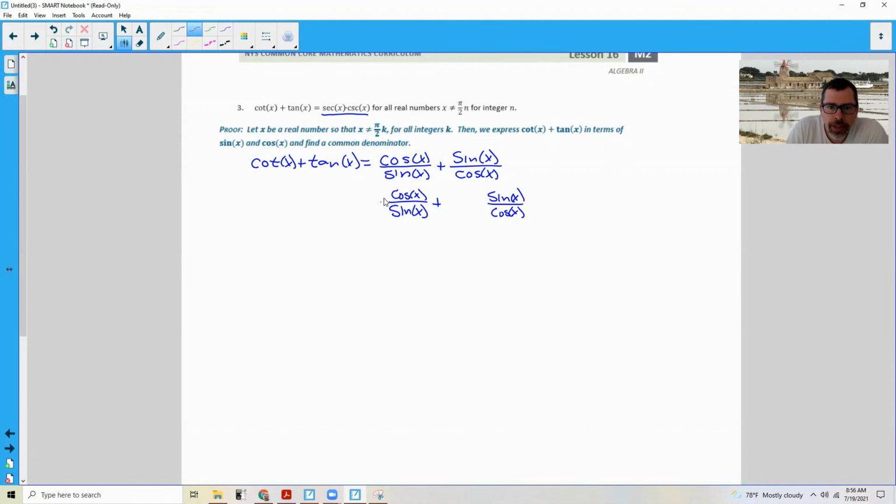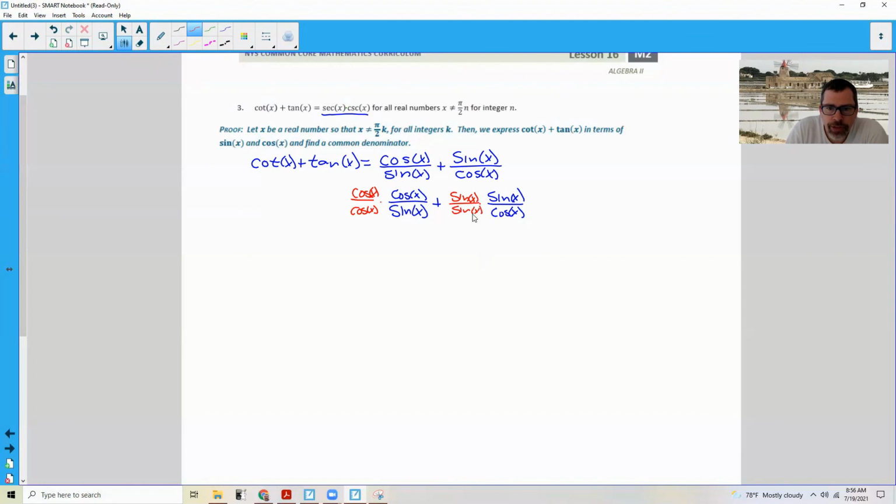So I'm going to multiply the first piece by cosine x over cosine x, and I'm going to multiply the second by sine of x over itself.